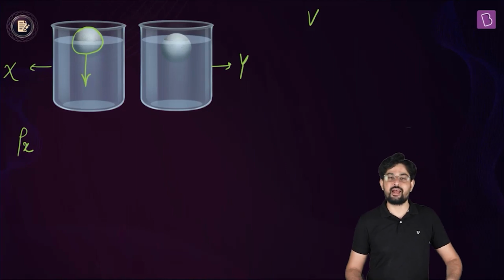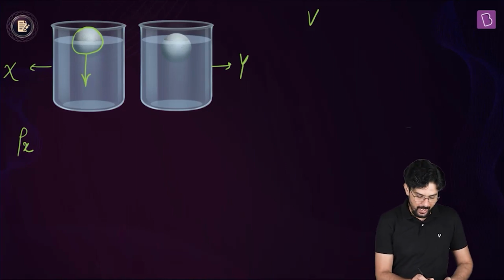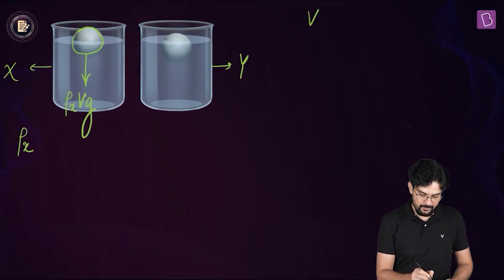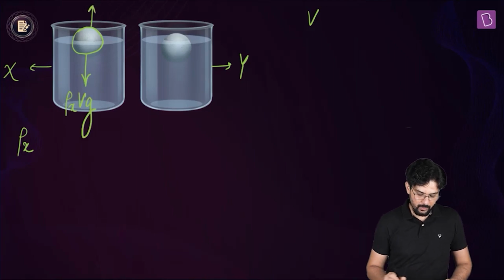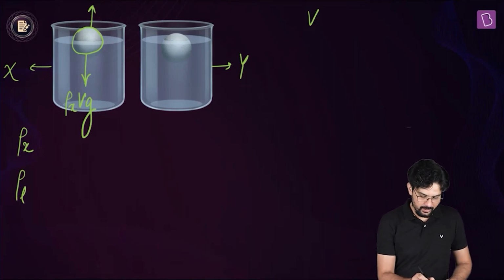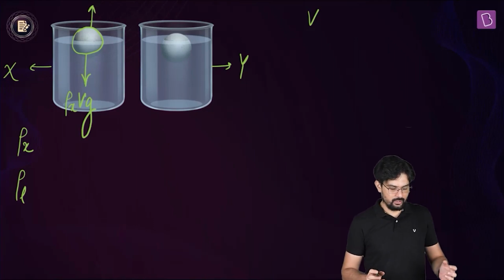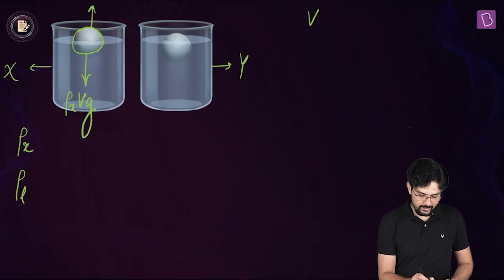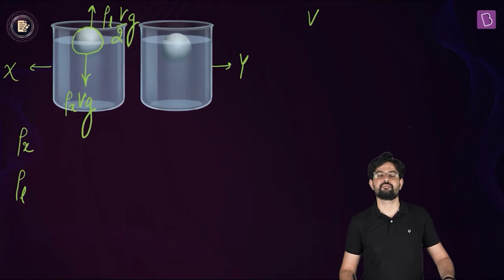Which means that the force of gravity acting on it is going to be equal to m into g, or you can say rho X into V into g. And this is going to be equal to the buoyant force, and let's assume that the density of the liquid is rho L. So the buoyant force is going to be the weight of the liquid displaced, that is rho L V by 2 into g.